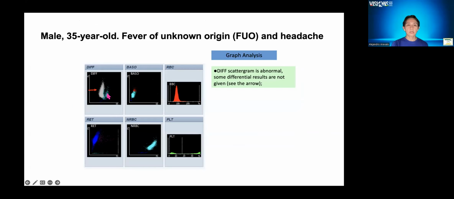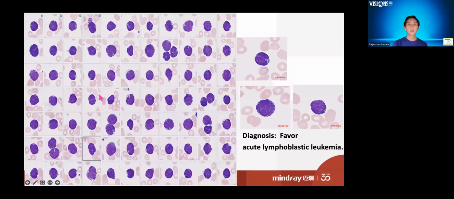Looking at the scattergram, take note that the dense population appears to involve the lymphocyte region, represented here by the gray area. And looking at the morphology, take note that you have a predominance of small mononuclear cells that look like lymphocytes, but are not quite mature lymphocytes because the chromatin here appears fine and blastic.